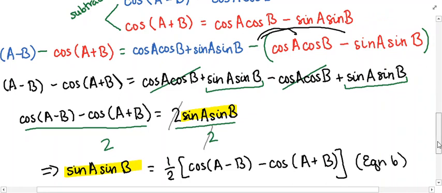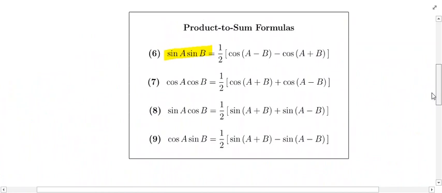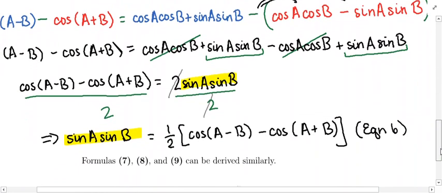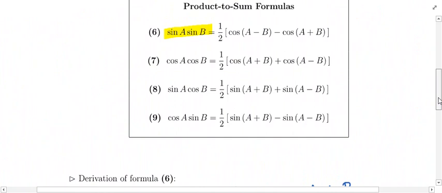You scroll back up, the left side is sine A times sine B. That's equal to 1/2 times the entire quantity cosine of A minus B minus the cosine of A plus B.